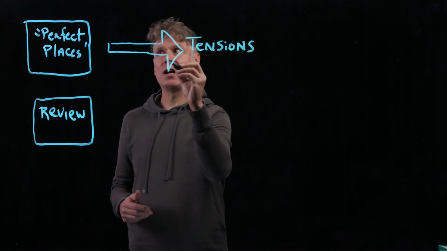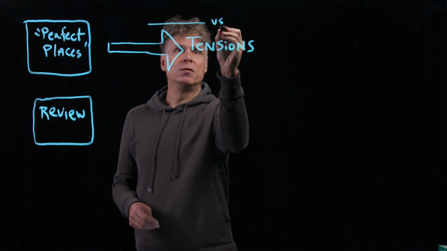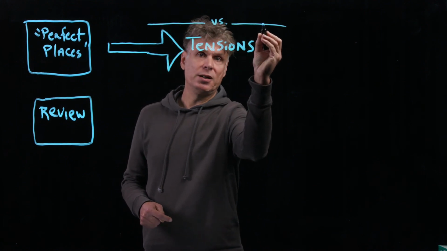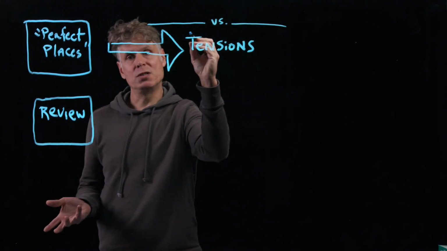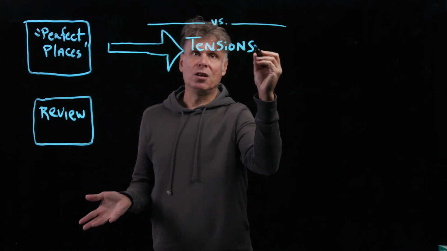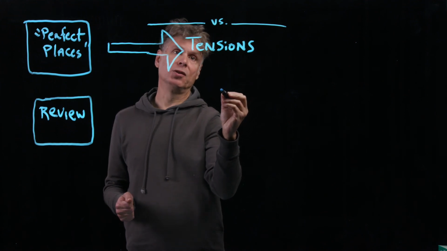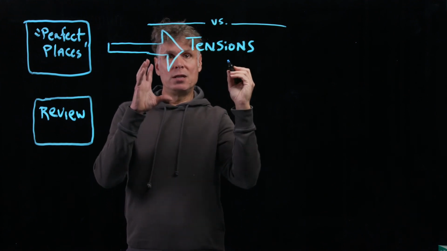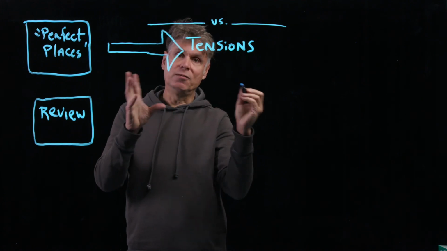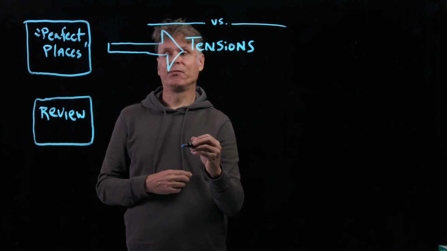And by tensions, I mean it's always going to be blank versus blank. And these things are going to be in opposition to one another. So old versus new, small versus large, loud versus quiet, those sort of things. You can look at the tensions in the music itself, in the lyrics, in the video. You can compare the three. It's kind of up to you.